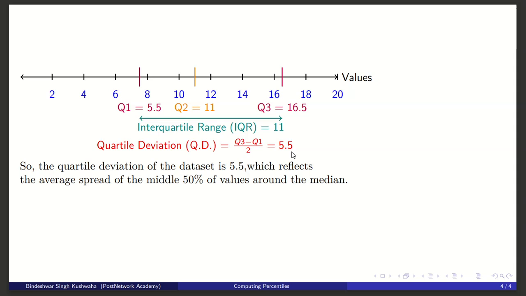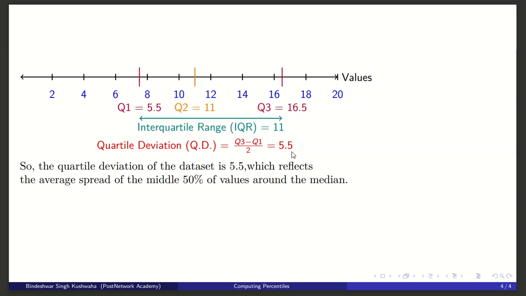So the quartile deviation of the data set is 5.5, which reflects the average spread of the middle 50% of values around the median. Now, as I explained to you, extreme values will not affect it. So values after 16.5, if you increase them from 20 to 2000, you see that the interquartile range would be the same and the quartile deviation would be the same.